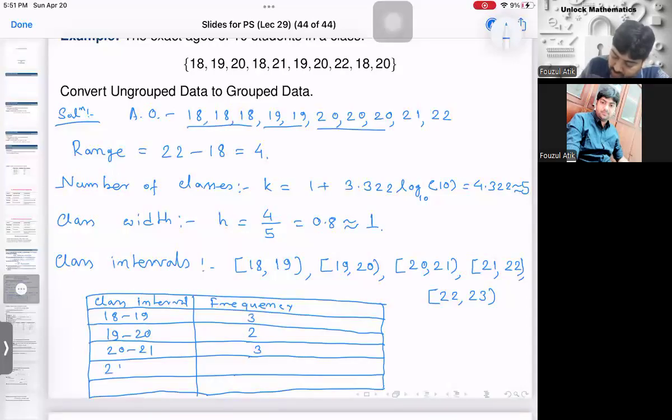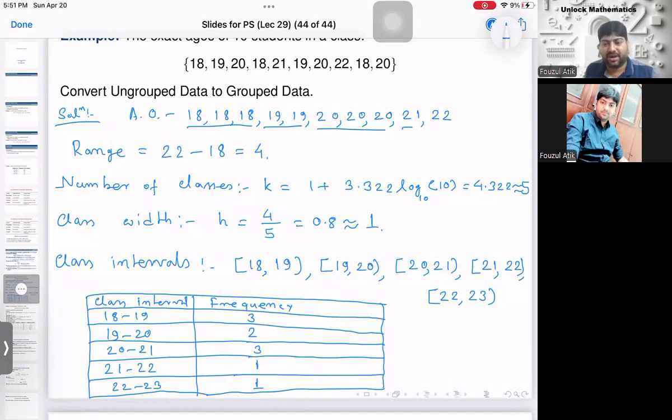Between 21 and 22, there is only 1. And between 22 and 23, there is 1. So we converted this ungrouped data into grouped data.